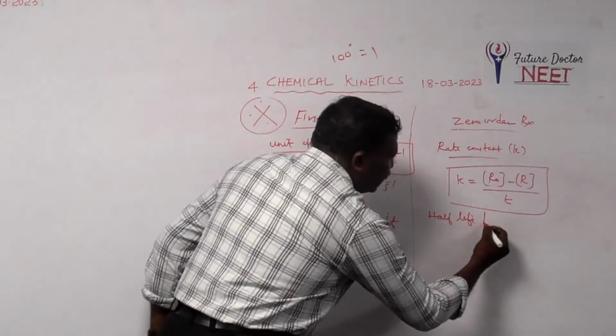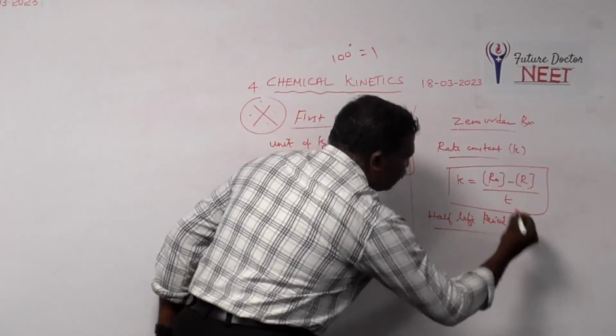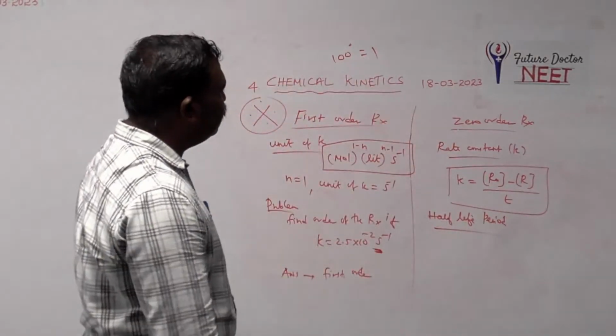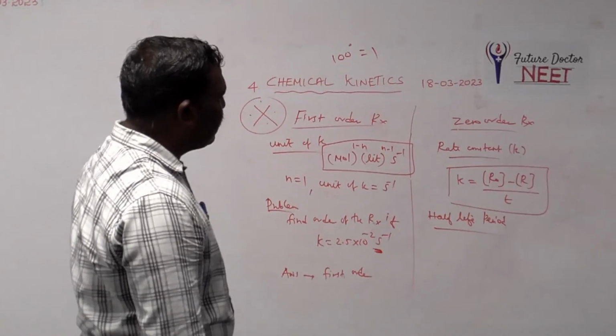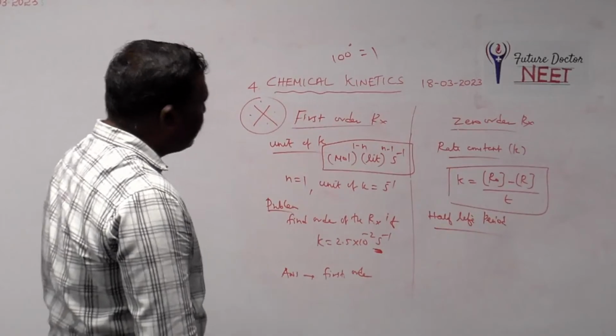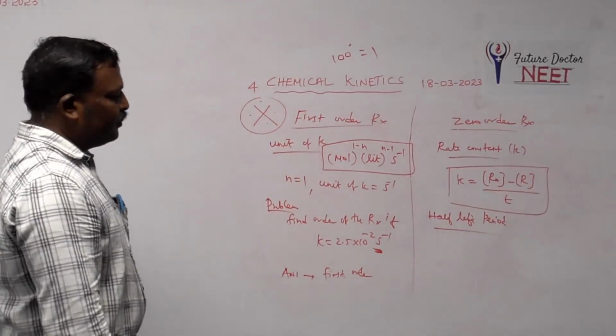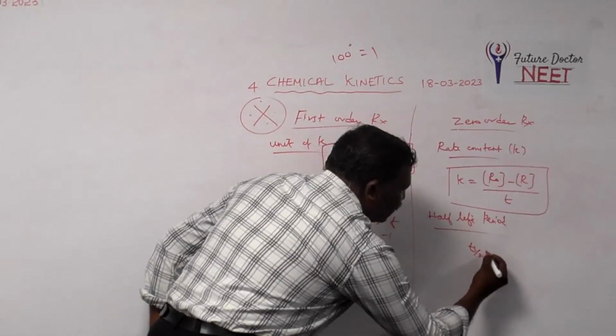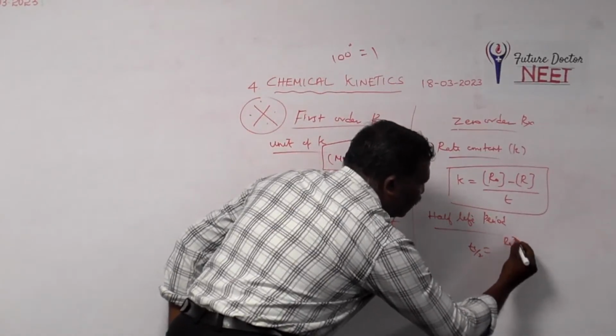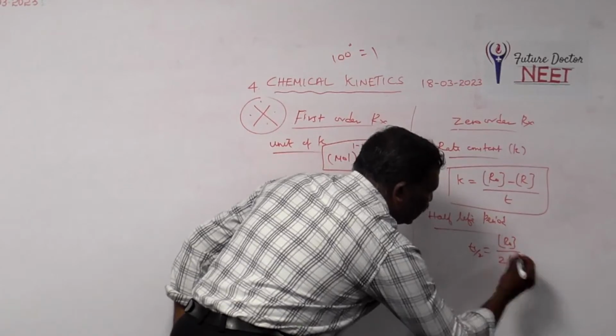Then half-life period. Just remembering the formula is highly enough. t half is equal to R naught concentration by 2k.